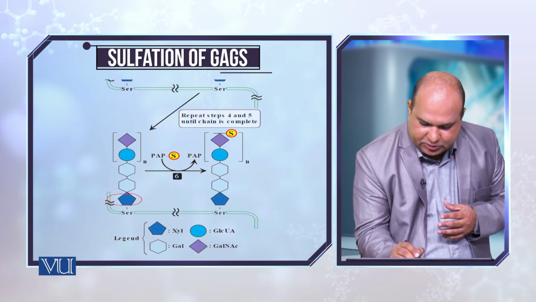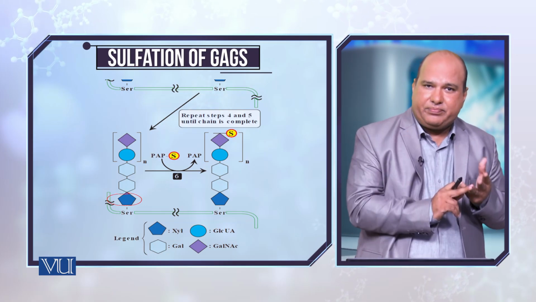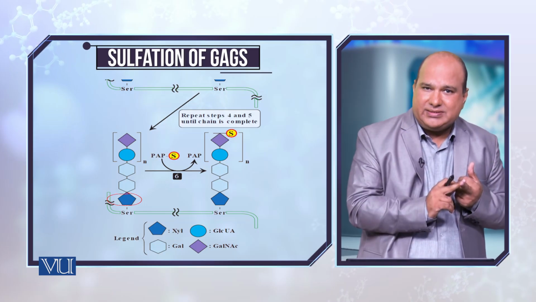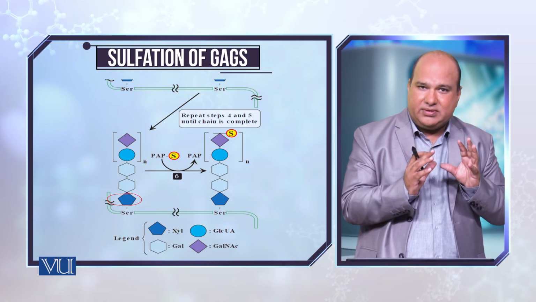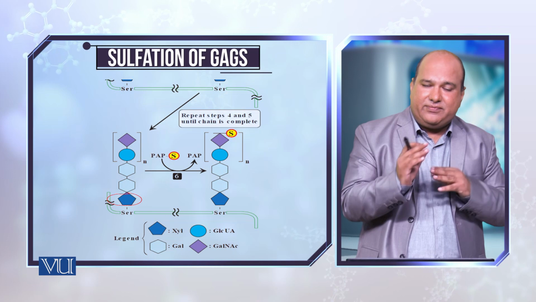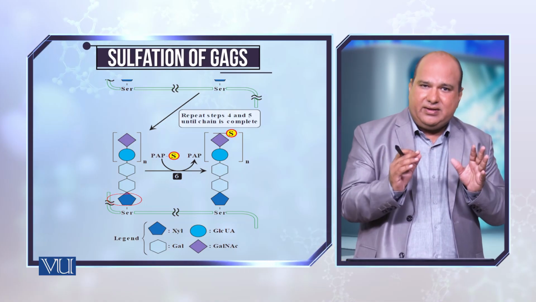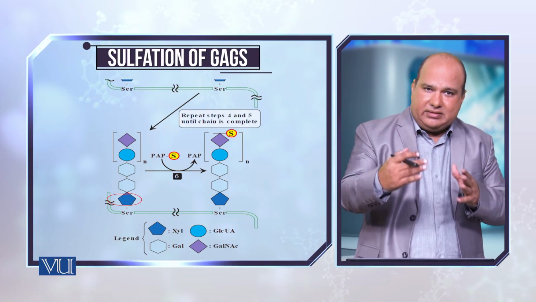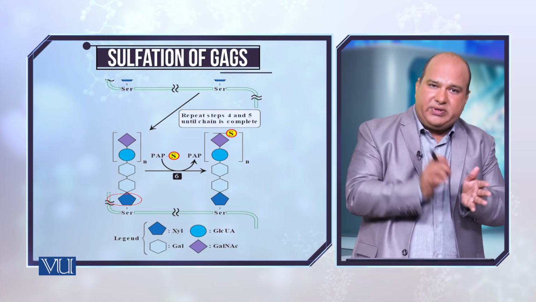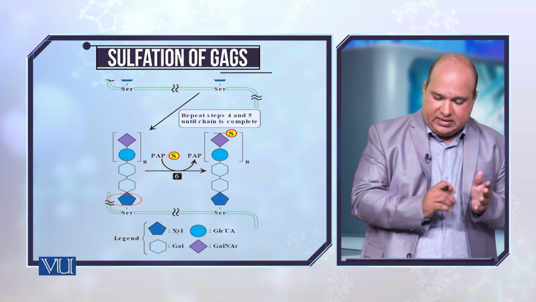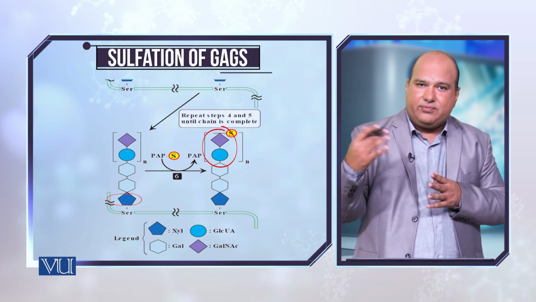These linker molecules are composed of xylose and 2 galactose moieties, and then they are linked with the serine residue of the protein. In this way, the platform is formed for the incorporation of individual repeating units of the GAGs.